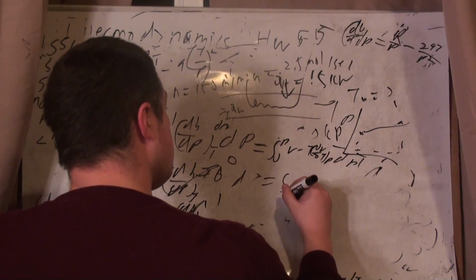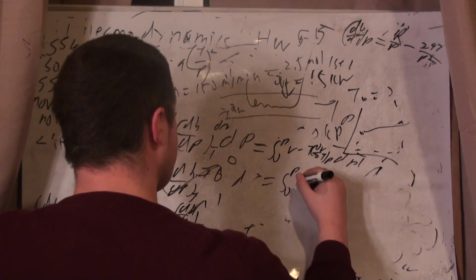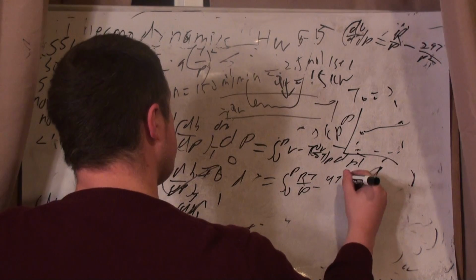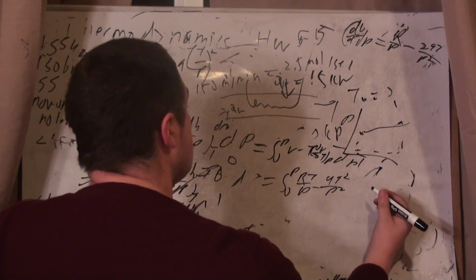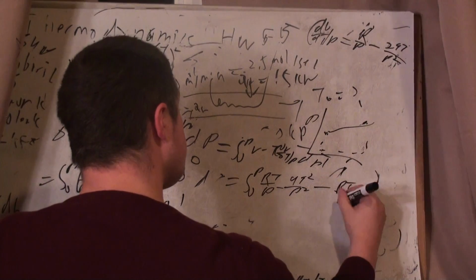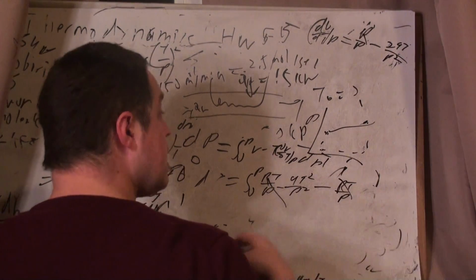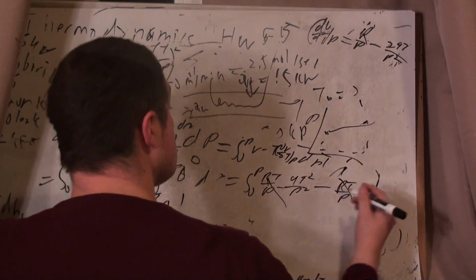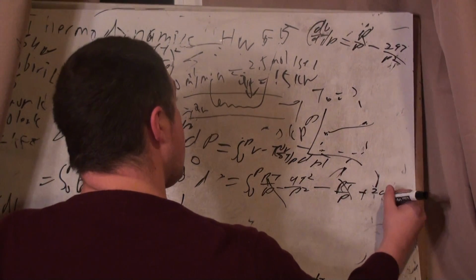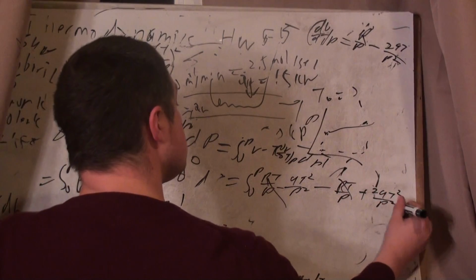So I have 0 to P of V, so I have RT over P minus AT squared over P squared, minus T times that guy, R over P. Those go to 0 because that's the ideal gas contribution, plus 2AT squared over P squared.